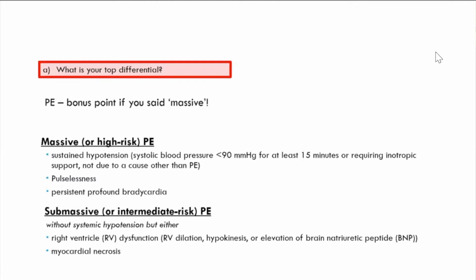So that represents a submassive PE, and also if there's any signs of myocardial necrosis as represented by a rise in troponin, without it being primary MI, then you might consider it a submassive PE as well.